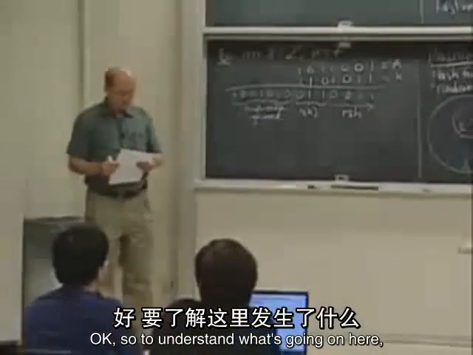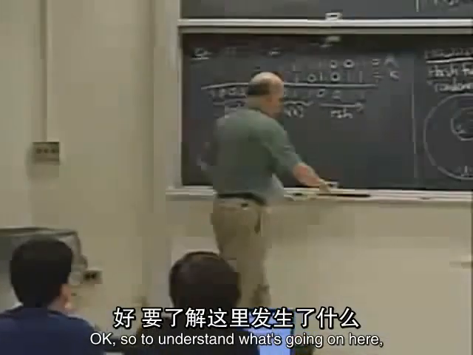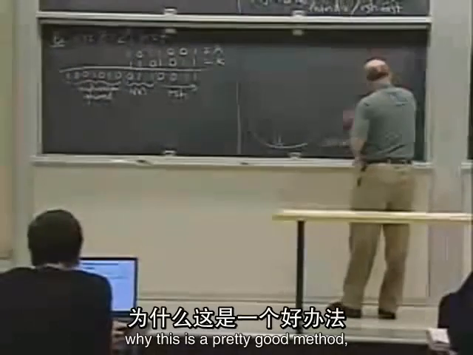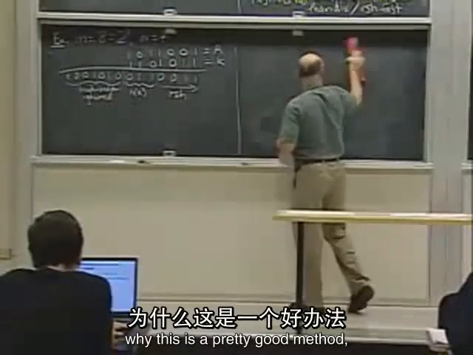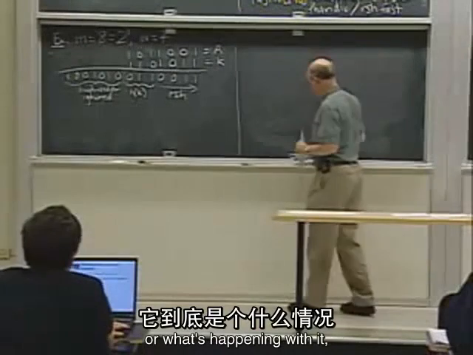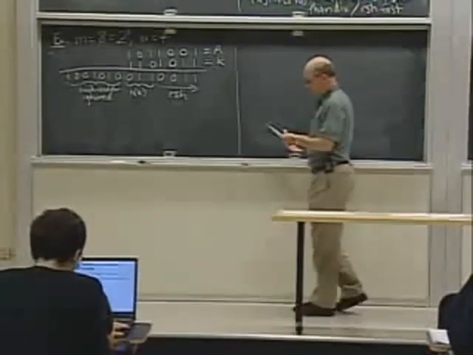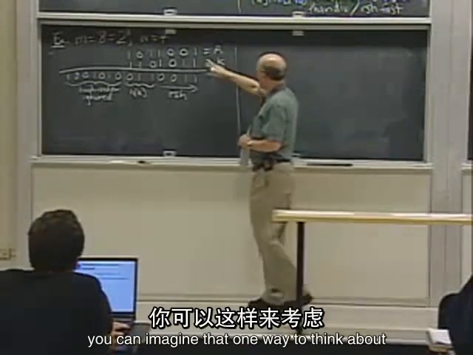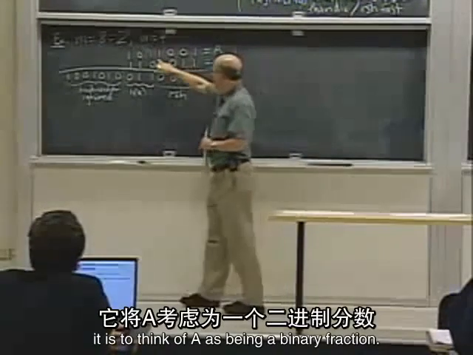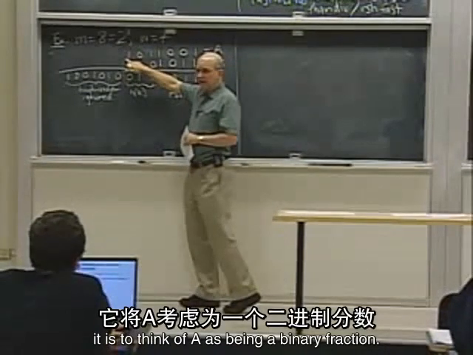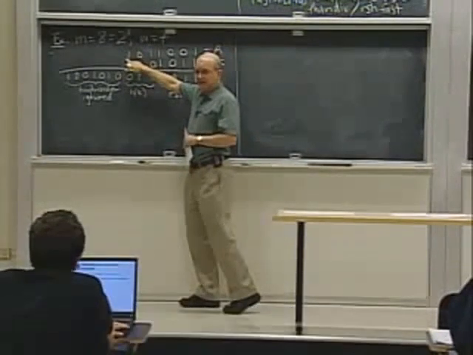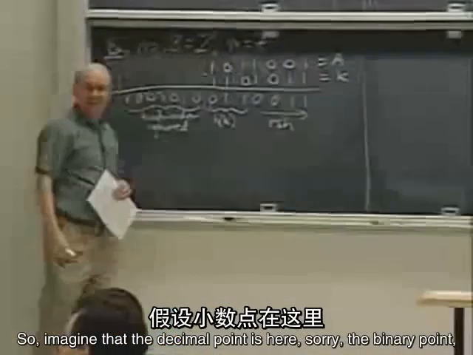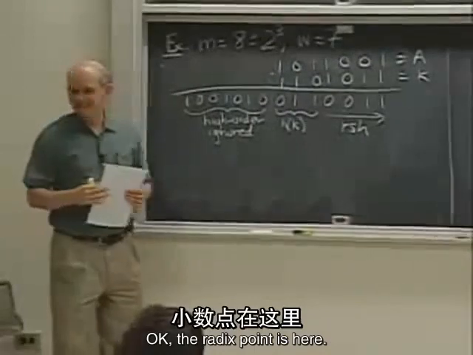Okay? So to understand what's going on here, why this is a pretty good method, one way to think about it is to think of A as being a binary fraction. So imagine that the decimal point is here. Sorry, the binary point, the radix point, is here.